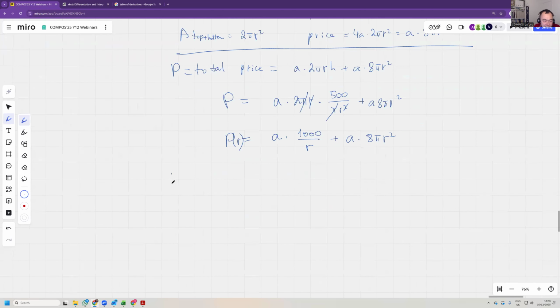Now, the price is minimum when dP/dr is 0. So we differentiate that. P dash is equal to a multiplied by 1,000 multiplied by -1 r to the power of -2, plus a multiplied by 8 pi, because a is a constant so we just keep it, times 2r, and that must be equal to 0.